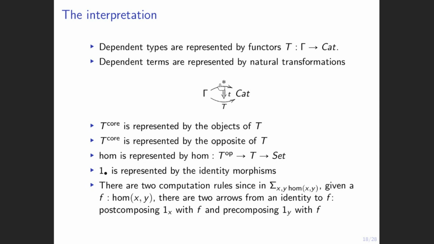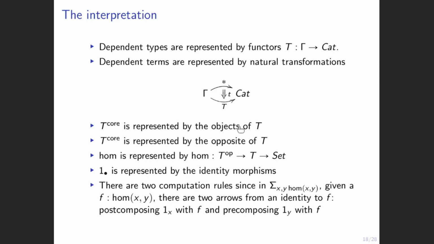We represent dependent terms as natural transformations from the functor which takes everything in gamma to the terminal category. So in particular, if gamma were the empty context, just the terminal category itself, then a term would just be an object of T. And then we represent T core as just the objects of T. So this is maybe a bit strange for this.